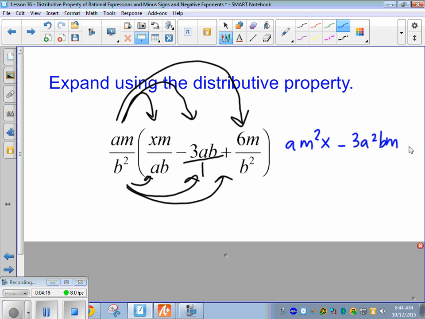Plus 6m squared. Okay, do you have numerator or denominators on those? There's an a on that also. Yeah. Okay. Minus b2 plus b6. B to the 4th. Okay, thumbs up if you agree.